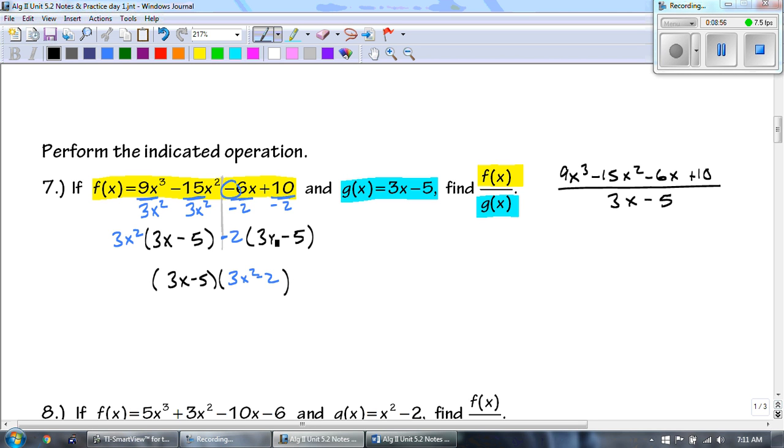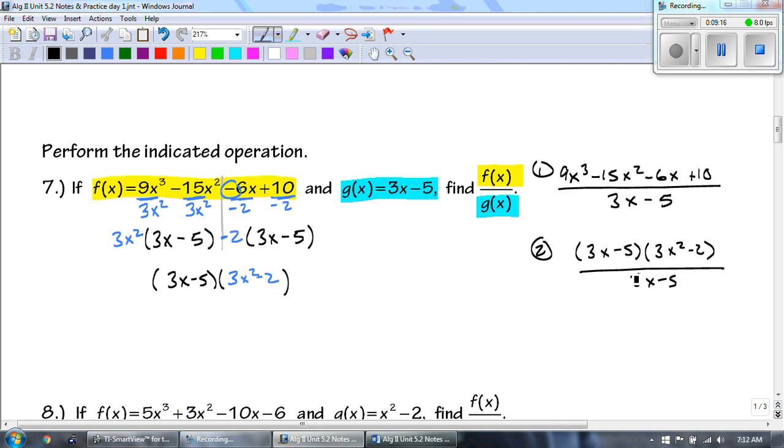Okay? So I factored it, and now my next step, so this was step 1, step 2 over here, I'm just going to rewrite this as 3x minus 5 and 3x squared minus 2, all divided by 3x minus 5.